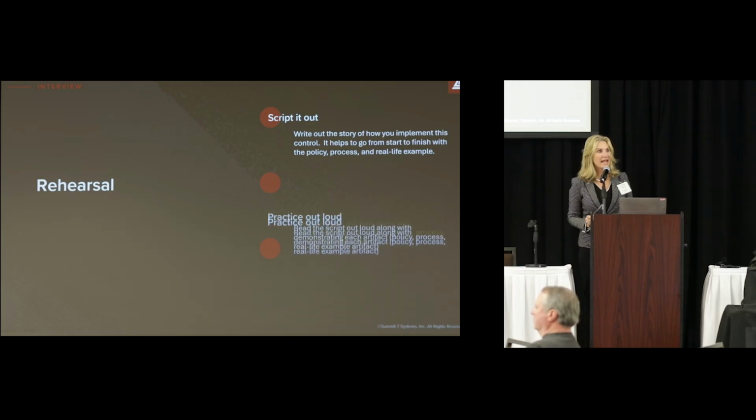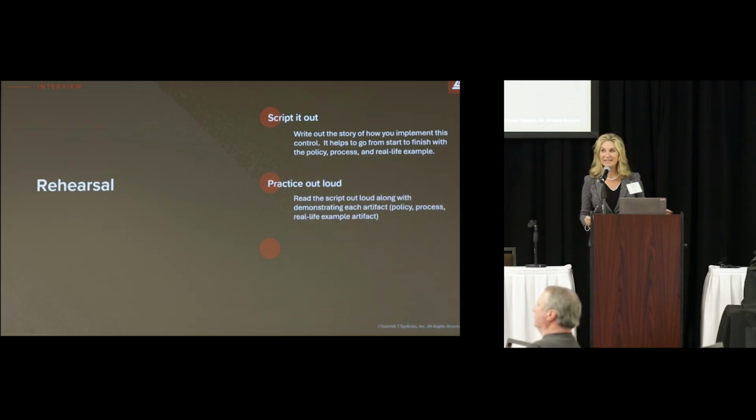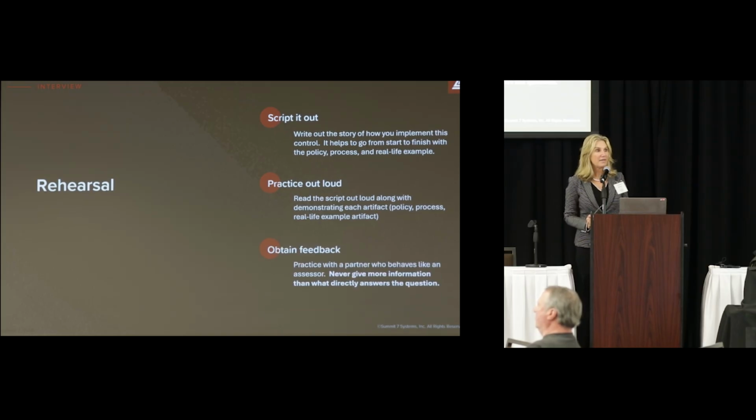Then I had them practice it out loud with me, not just say, oh yeah, I'll talk through this or that. You're not going to have them read a script in front of the assessor, but the fact that they took the time to write it out and then practice it with you, as long as you need to, matters. Then ask them random questions that an assessor would ask and see how they respond, and give them feedback.